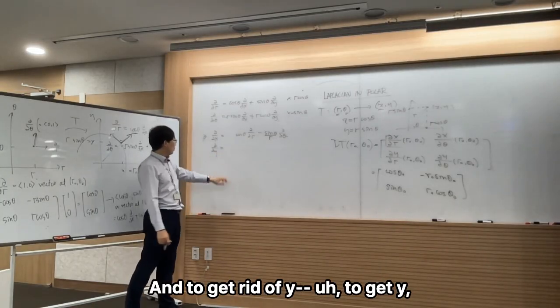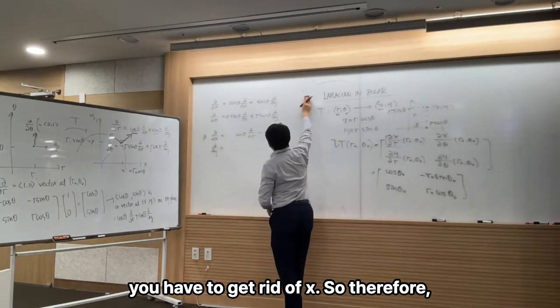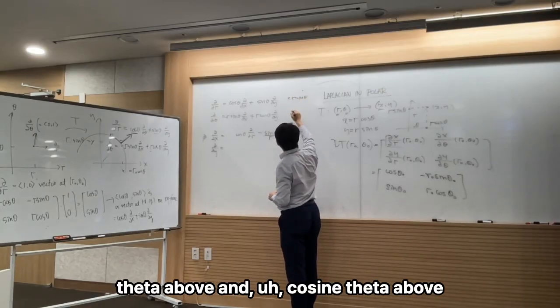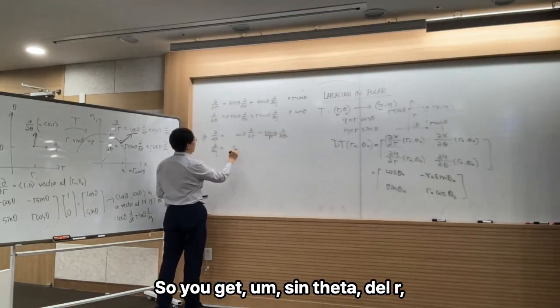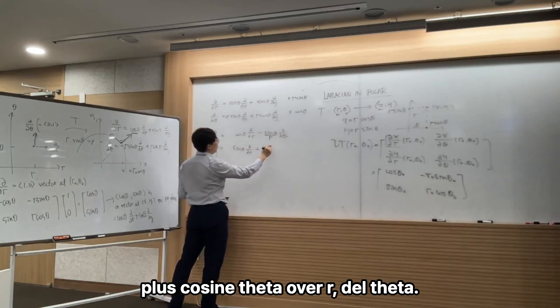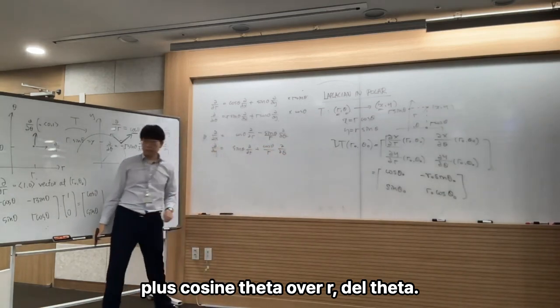And to get ∂/∂y, you have to get rid of x. Therefore, let's multiply r sine θ above and cosine θ above and add them together. So you get sine θ ∂/∂r plus cosine θ over r ∂/∂θ.